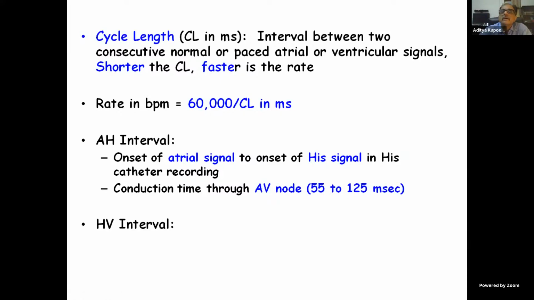And who else is there? Dr. Chami, you'll have to tell me who all the students are. Sometimes what happens is they don't know the answer, they switch themselves off. Dr. Mithilesh Yadav, are you there? Yes. How do you measure the HV interval?